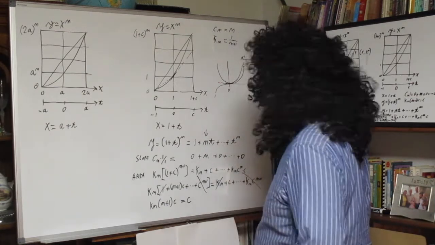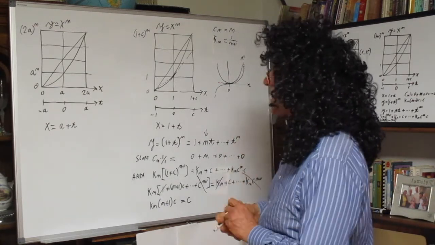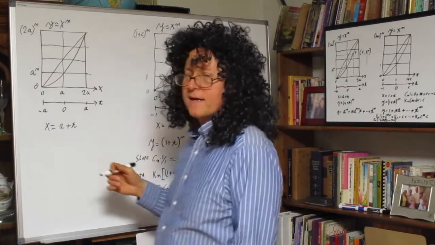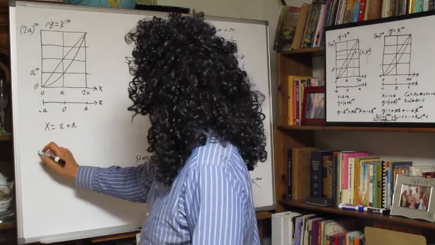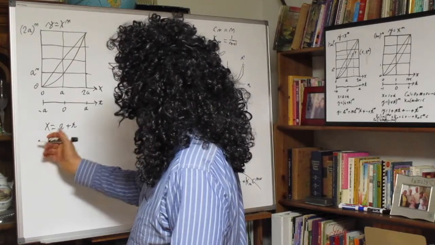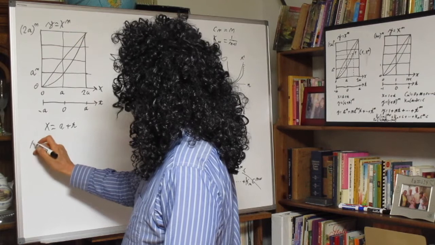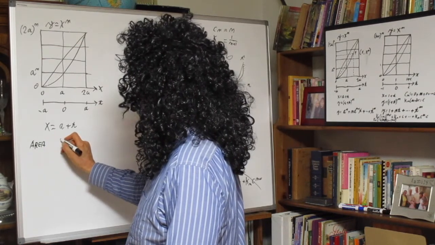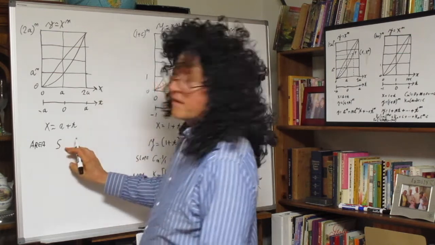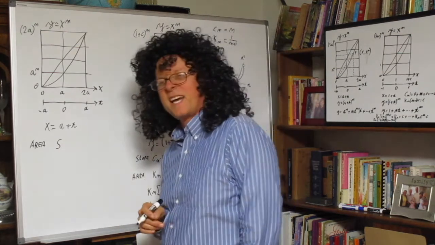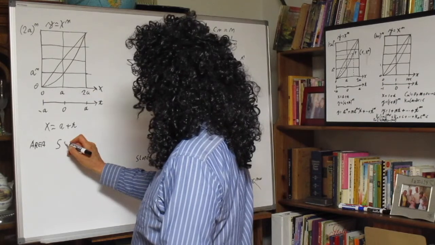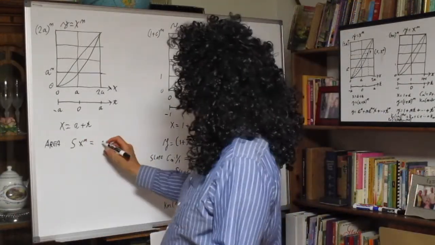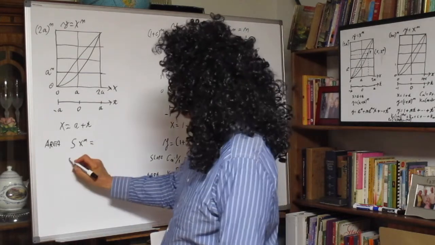Also, we talked about notation. And we said for slope and area. So for area, I'm using this thing called S, which stands for signed area of, let's say, x to the n. Well, that equals, it's an operator, a box operator.